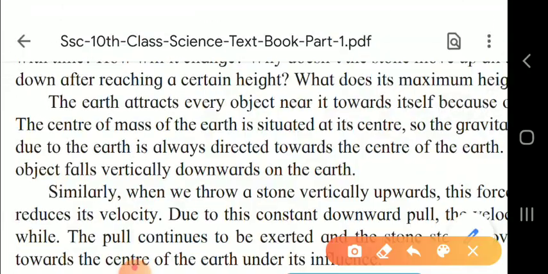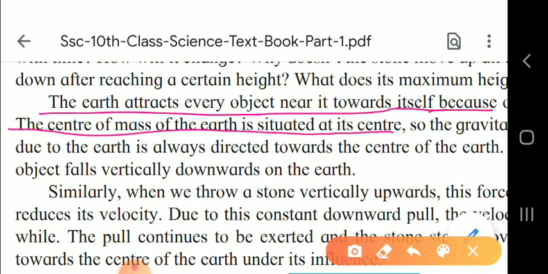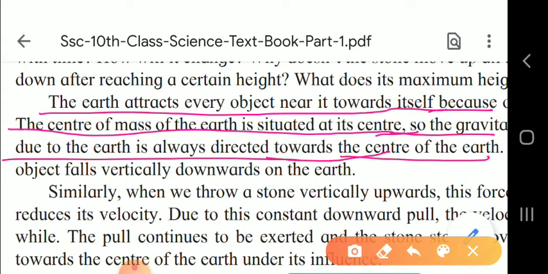That is why objects fall vertically downwards on the earth. This is an important point, children.